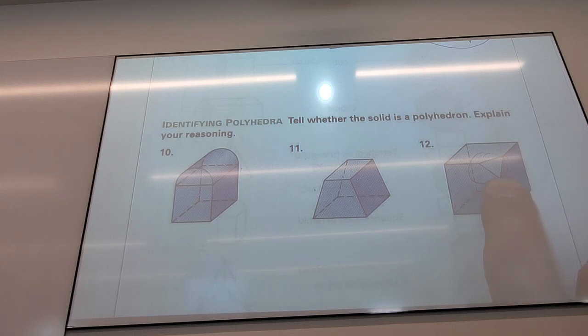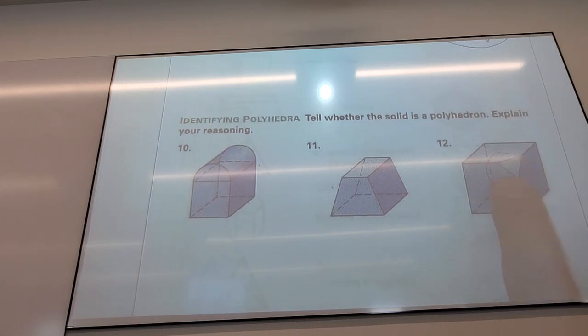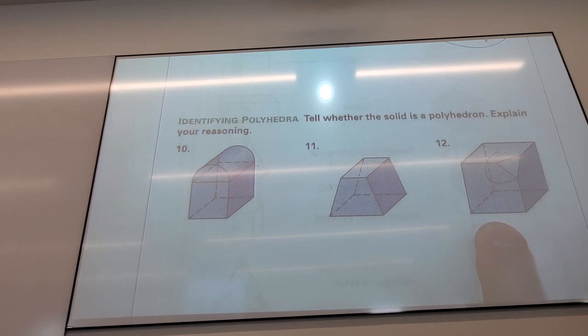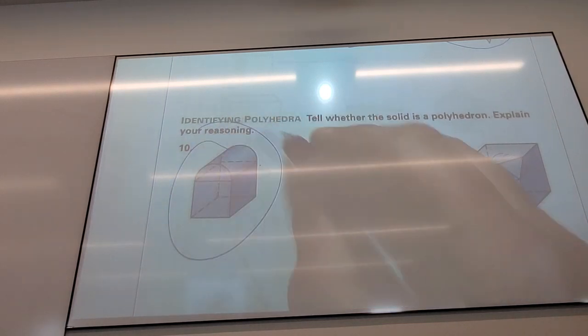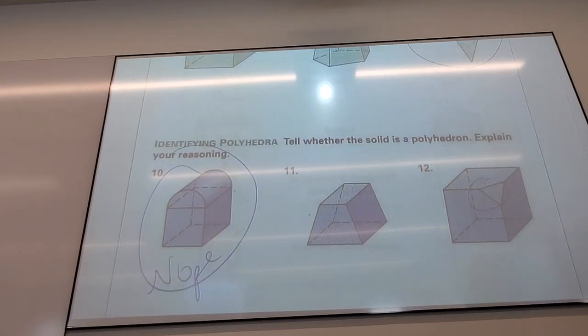It's called a truncated cube. If I did that to every single vertex. So this is not a fully truncated cube, but it's still a polyhedron, yes? What's the only one of these not a polyhedron? Yeah, the mailbox, no good. Same reason. It's not constructed with polygons.